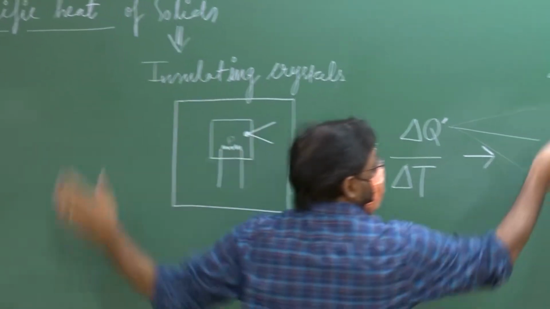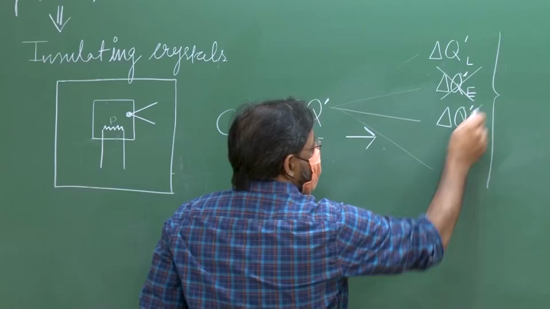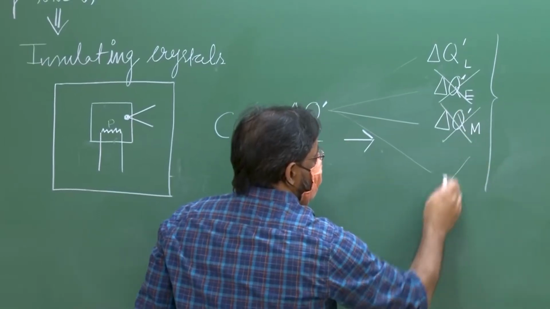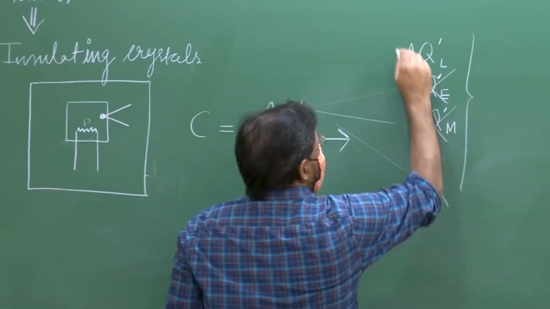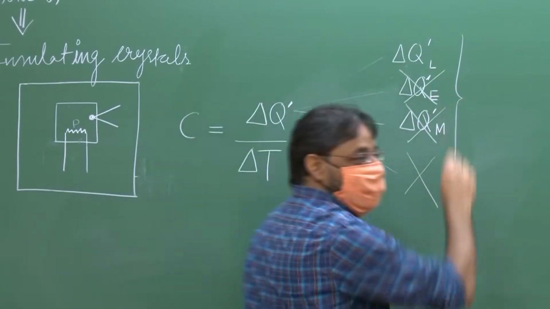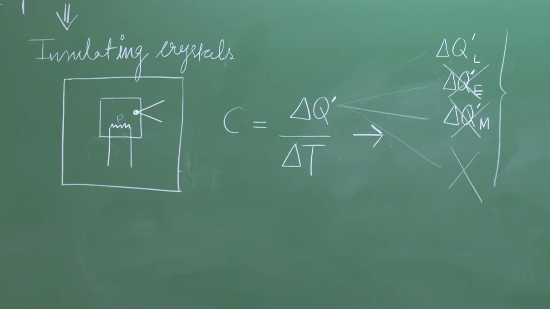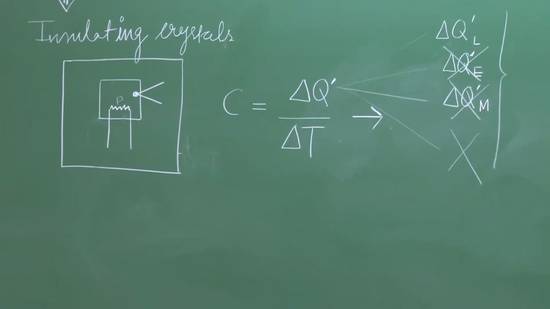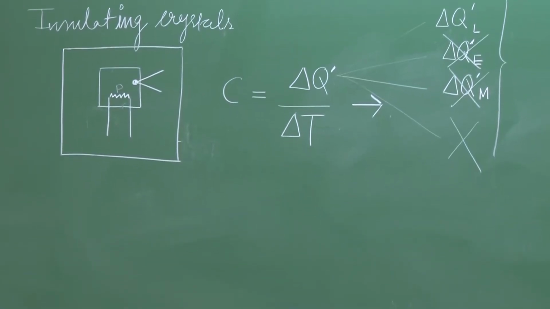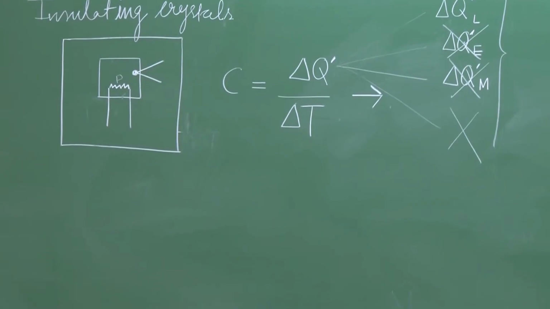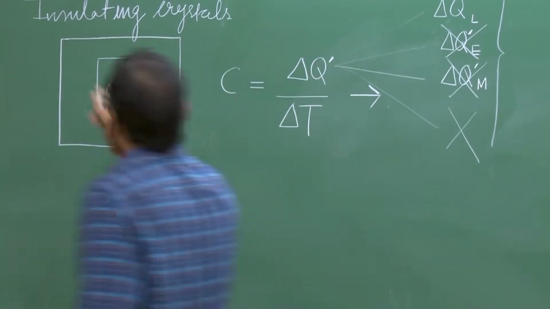So, this channel is not there, this channel is not there, there is no phase transition happening, but all the heat that you are providing is going into exciting the lattice waves, into making them vibrate more and more vigorously. Okay? So, that is why we have chosen this insulating crystal.